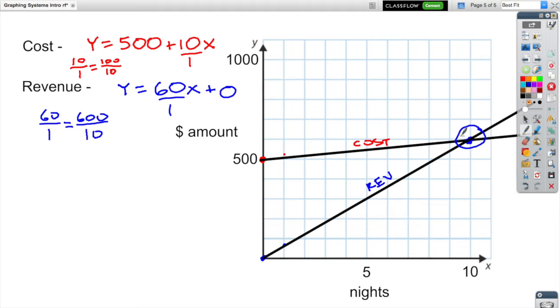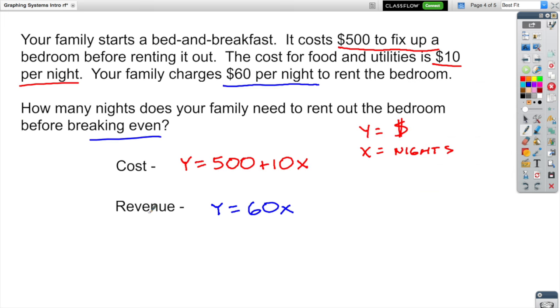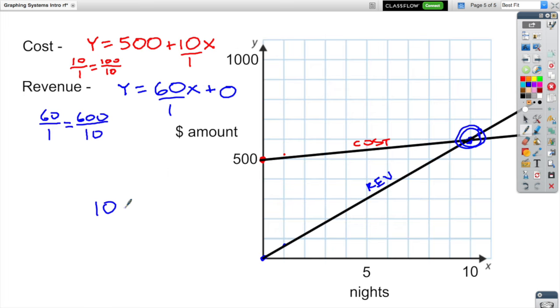This is the intersection of the two lines, which is sometimes called the solution to the system, but in this case this is also called the break-even point. This is where we're breaking even. And so to answer the original question over here, how many nights does your family need to rent out before breaking even? It would be 10 nights.